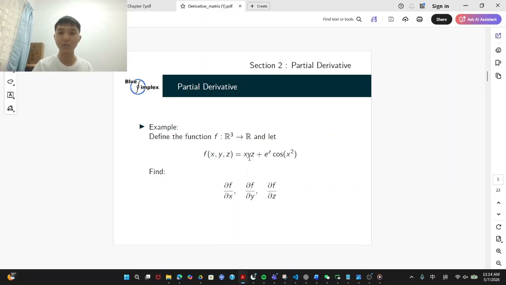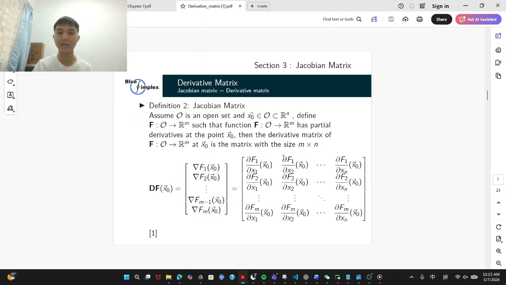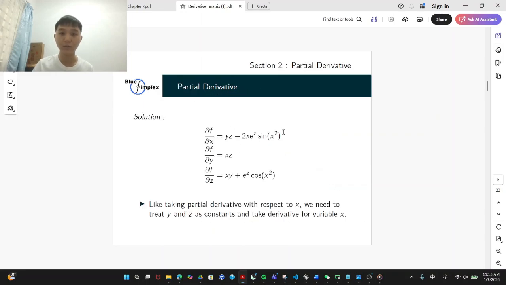I want to take the derivative of xyz, so I treat y and z as constants and x as the variable. Like e to the power z times cosine x squared is similar. So I can get this answer: the partial derivative of xyz with respect to x is yz. And for this one, we just take the chain rule derivative of cosine x squared only.